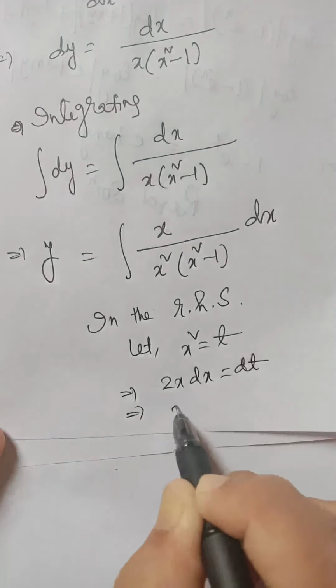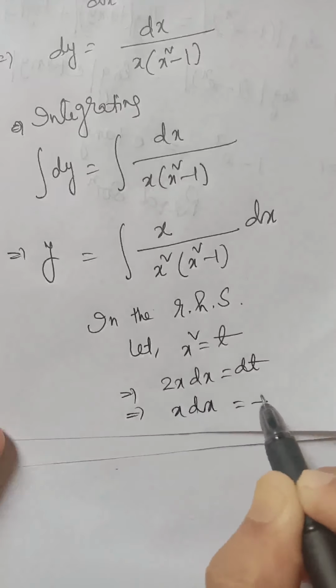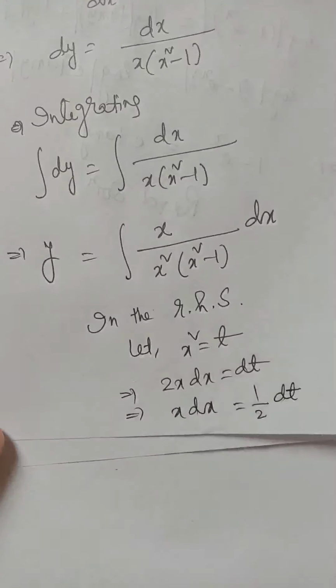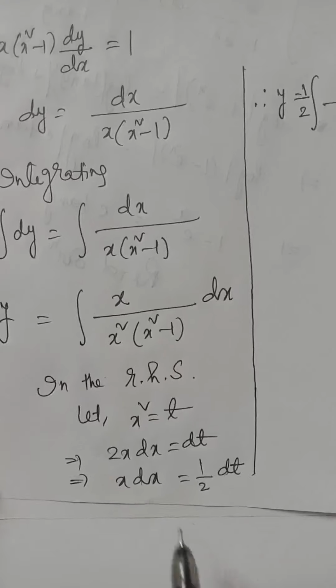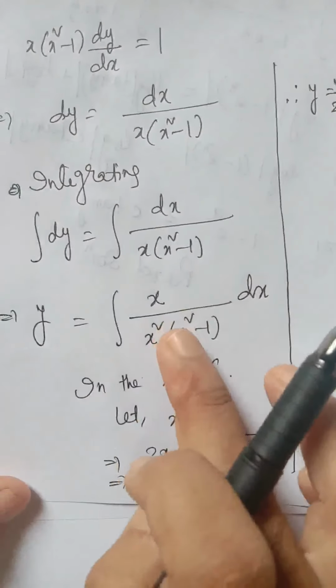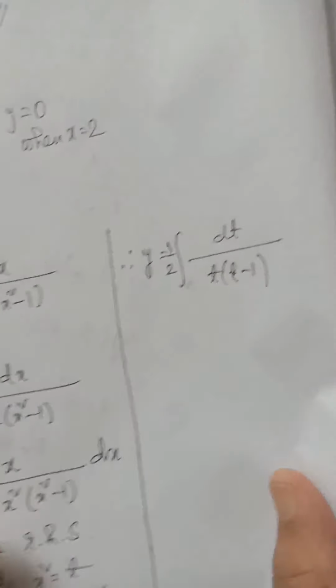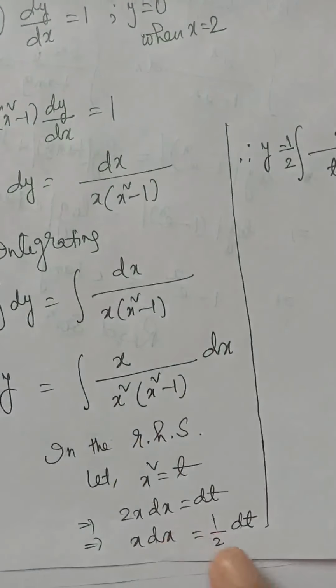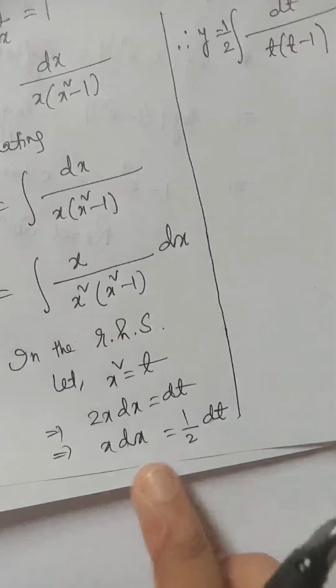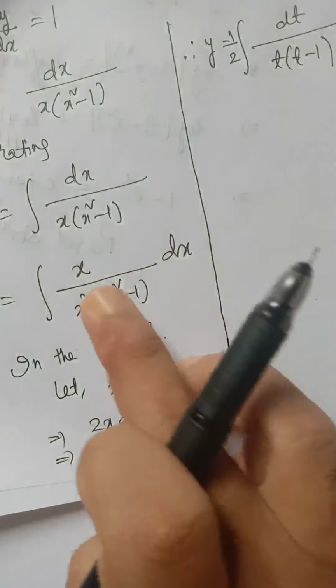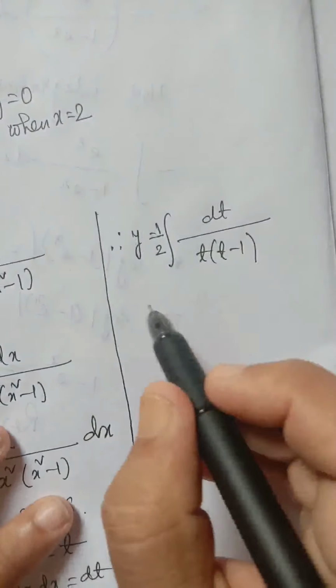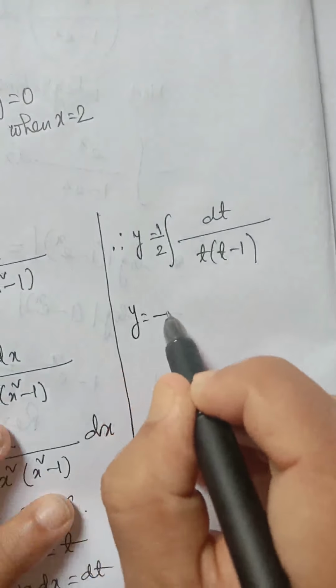So x dx is equal to half of dt, and so this particular integral becomes this, putting x square equal to t and x dx equal to half dt. Now y equal to half.